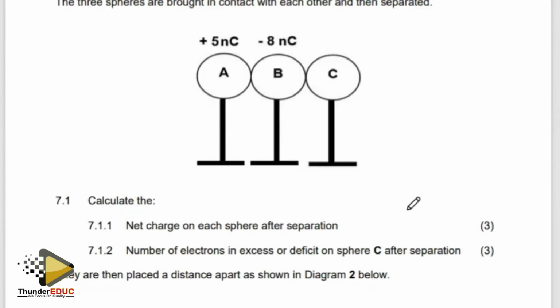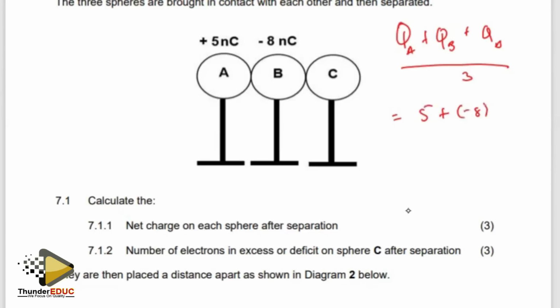So one thing we need to know is that for as long as we have spheres that are brought into contact, the net charge will be as a result of adding the charges of sphere A plus sphere B plus sphere C, then we divide by 3. So 5 plus -8 plus the neutral one, which is a 0. Okay, when something is neutral, simply means there's no charge there. So everything is nano.